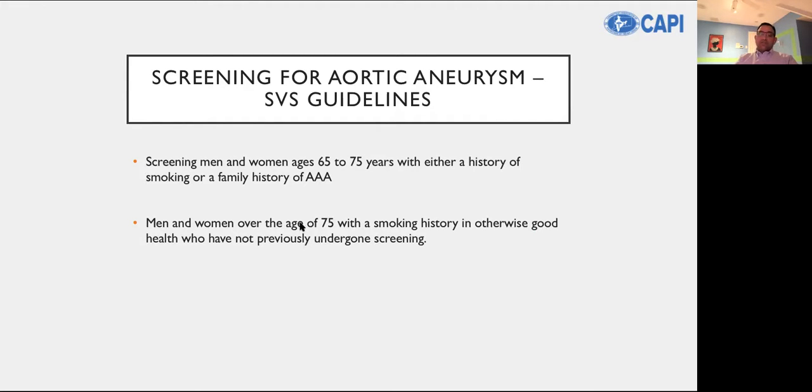Now, over the age of 75, if there is a history of smoking, they should also be screened. Now, this is not part of the US Preventive Task Force guideline, but when we look at the SVS guidelines, this is what their latest guidelines are.